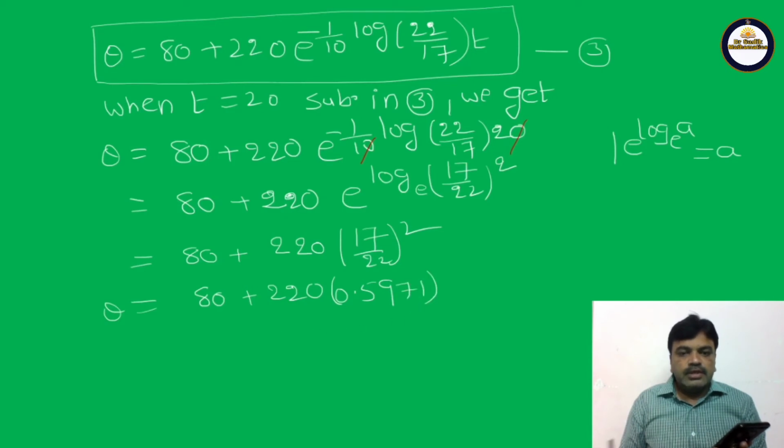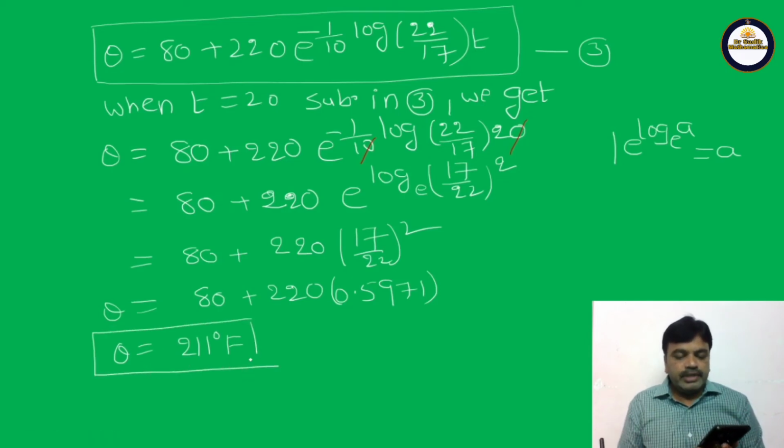Multiply with 220, we get 131, plus 80, we get theta value 211 degrees Fahrenheit. Theta is equal to 211 degrees Fahrenheit.